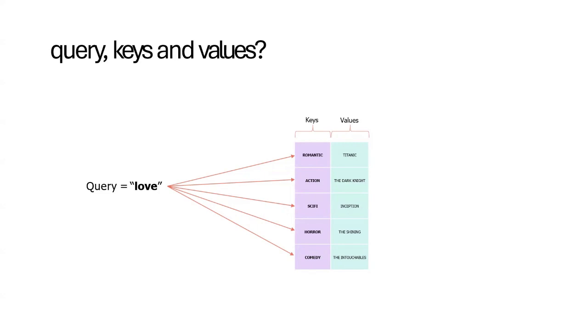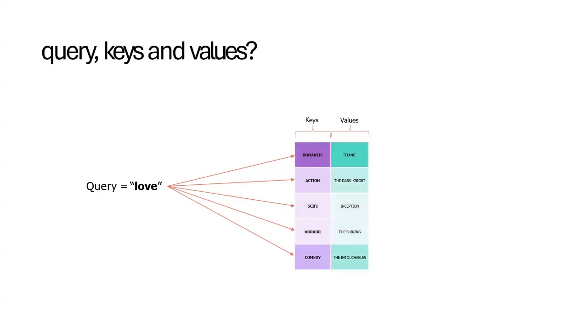So you have romantic, action, science fiction, and these are keys, which are the category, and then the value, the actual value, is the name of the movie. If you search love, it will do some semantic search. It will be more matched with romantic, right? And then it will give you the movie name, might be the title. Right. So this is the way it works.